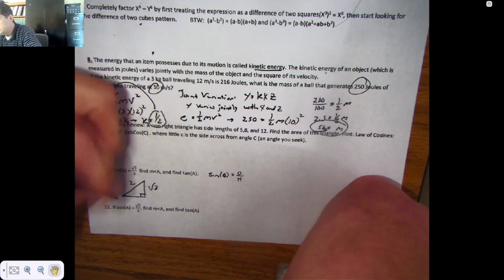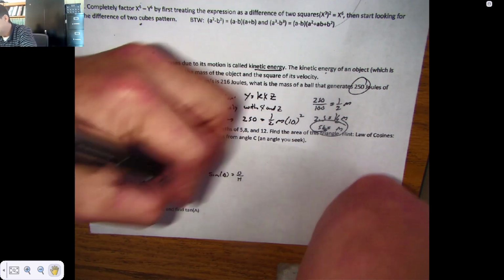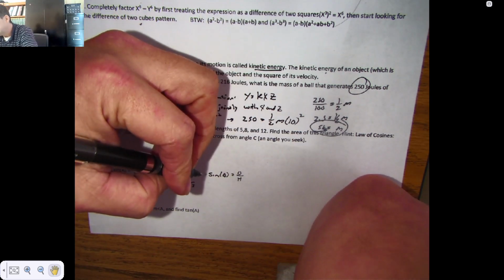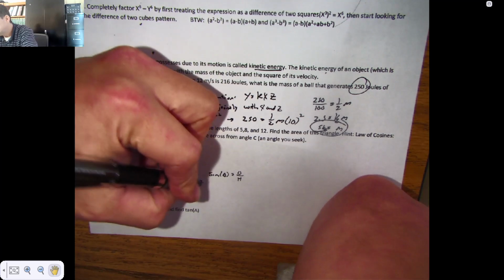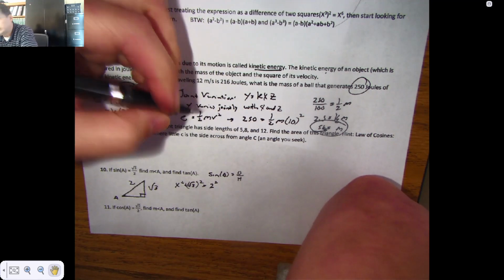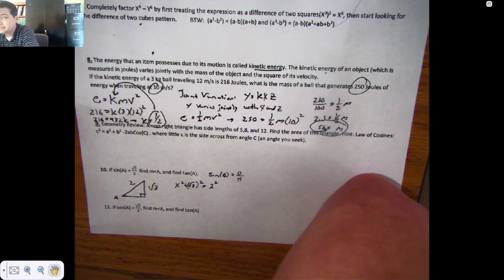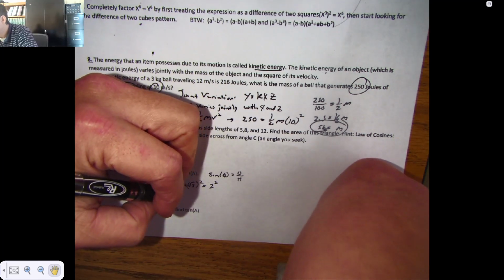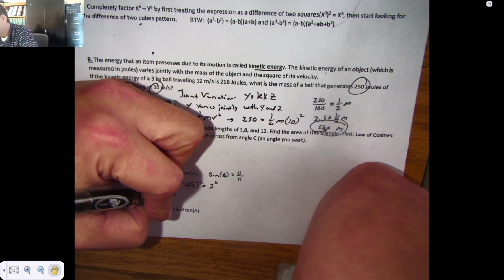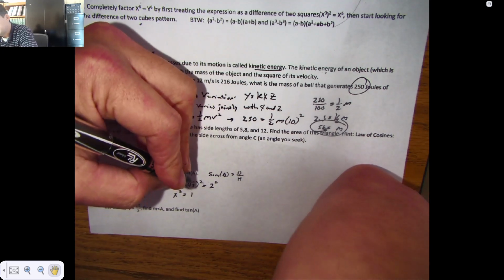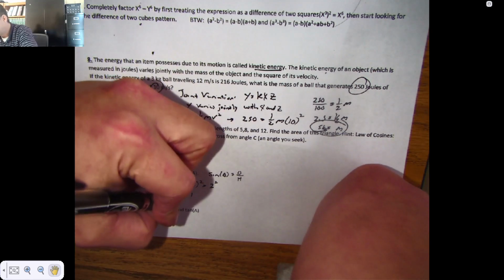And then I'm going to do a little bit of Pythagorean theorem, because I don't know this side. I'm going to do x squared plus √3 squared equals 2 squared. And I'm going to get 1, because this is a 30, 60, 90 pattern. x squared is 1, because this is a 3, that's a 4, x is 1.